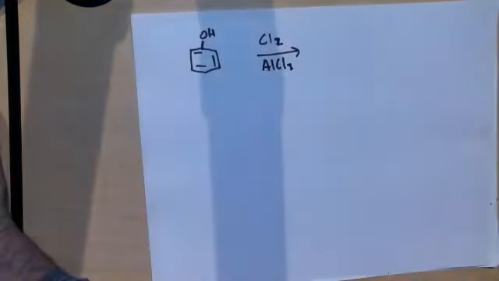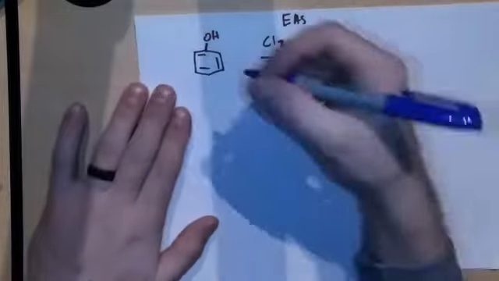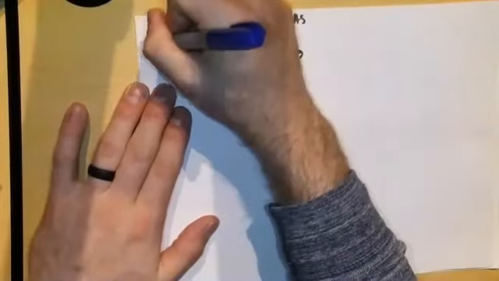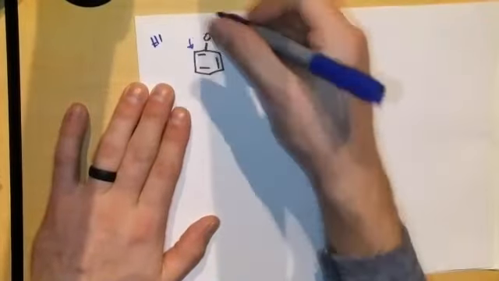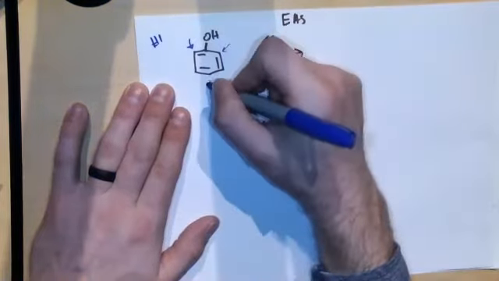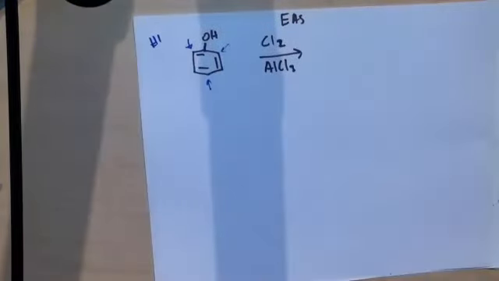Okay, so chlorination. We have a group 1 here. It's an ortho-para director, so it can add to either of these positions.